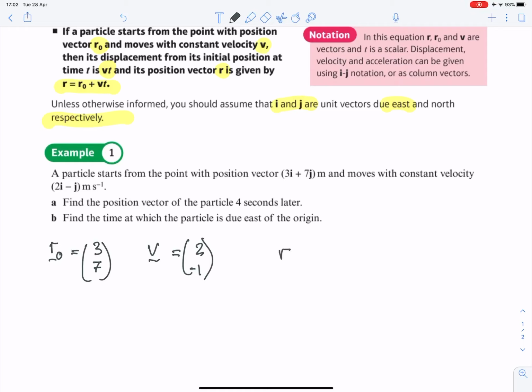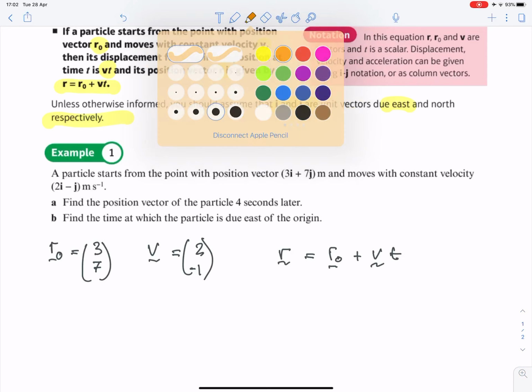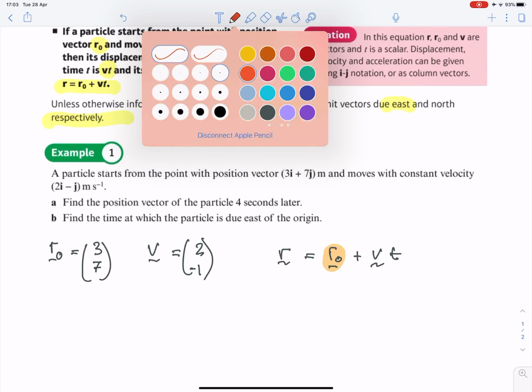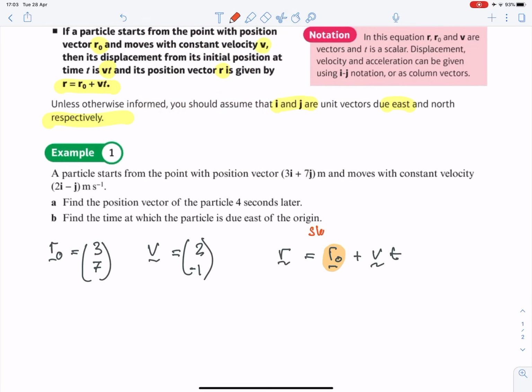So we know r is equal to the starting position plus how far it has moved. So r0 is the starting position, and vt here is how far it's moved.